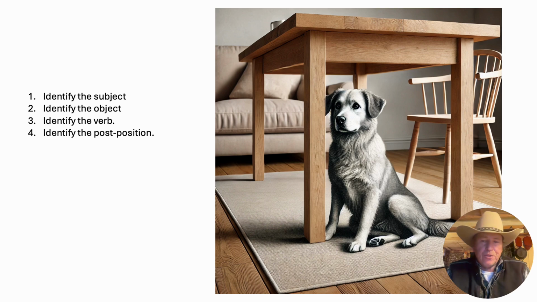Write down all your answers, subject, object, verb, and the postposition. So the subject is the dog, shunka. The object is the table. The verb is sitting. And the postposition, where is he at? And put that all together.